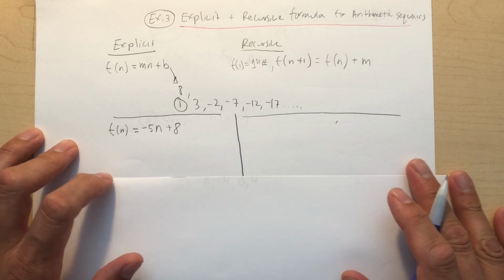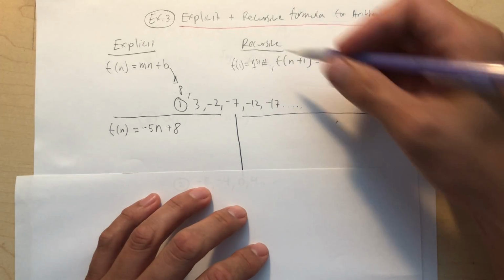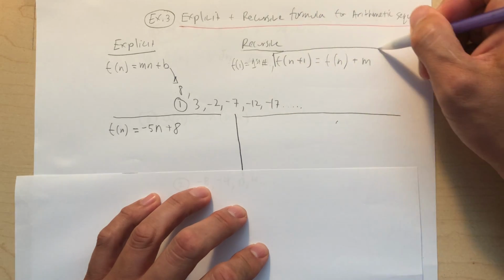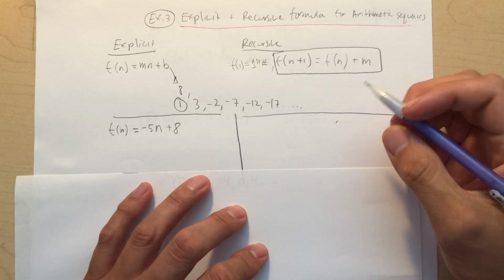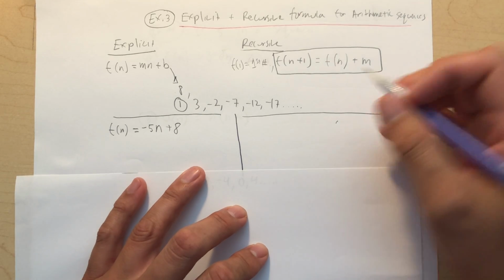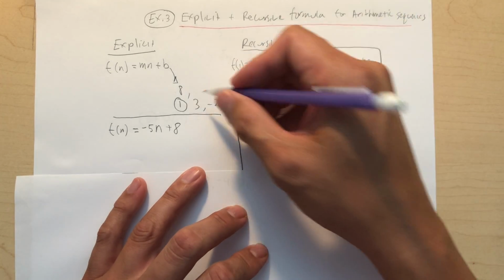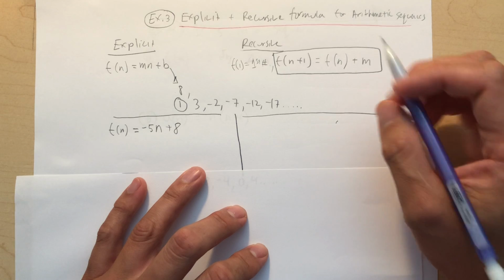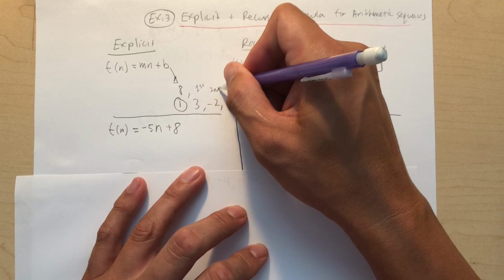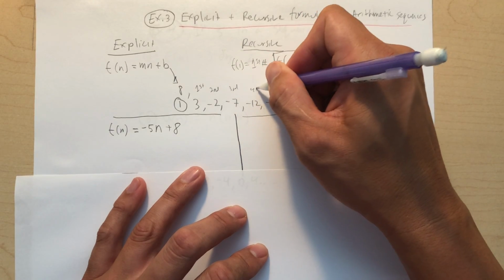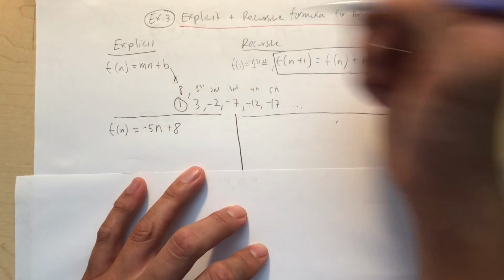Now your recursive is a little bit different. They want you to focus on this part here, and that looks really confusing, so let me explain quickly. Let's say this is our first term, this is our second, this is our third, our fourth, and our fifth. This one is our before.